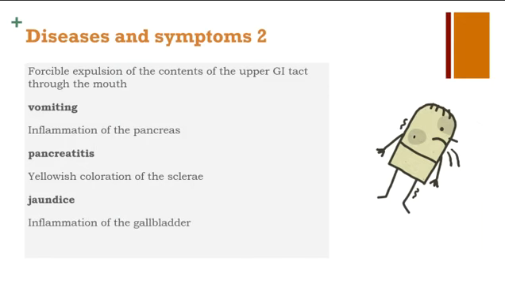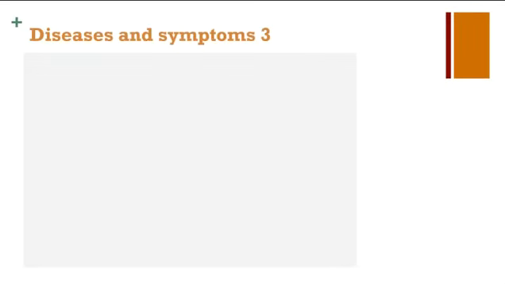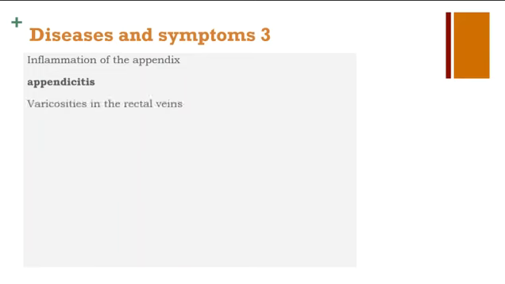And the inflammation of the gallbladder is called cholecystitis. The inflammation of the appendix is called appendicitis, and varicosities in the rectal veins are called hemorrhoids or piles.